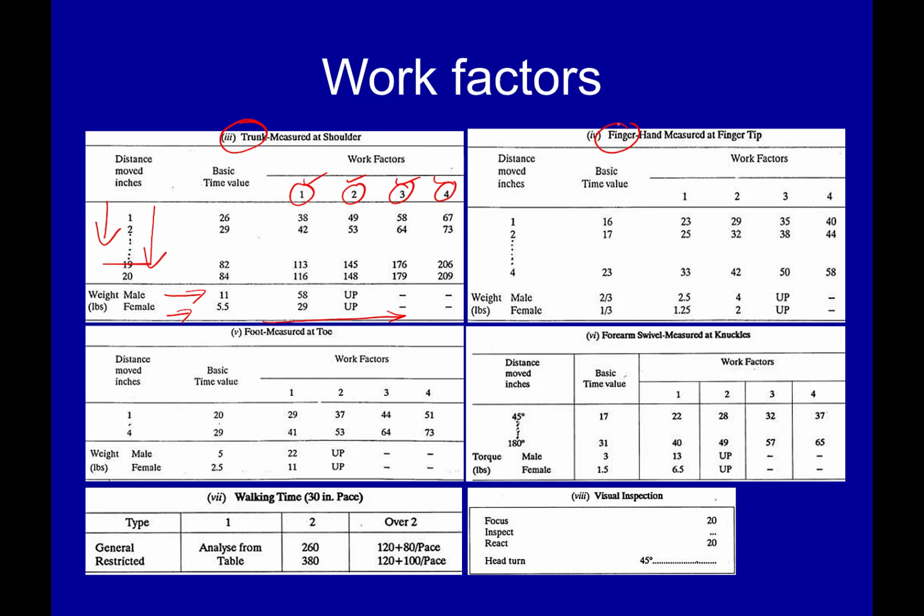Similarly, for finger movements, distance traveled up to 4 inches, then the weight involved, say 2.5 or 4 pounds for male, 1.25 and 2 pounds or so for female, will be affecting the work factor, and accordingly, as per the distance to be traveled, you will see the different time values. Similarly for foot and for forearm swiveling movement, the time values from the work factors can be obtained. These are about the movement of the different body parts through the different distances while carrying the different weights.